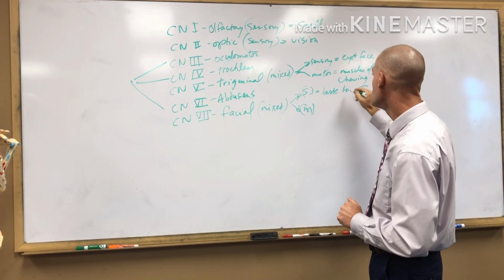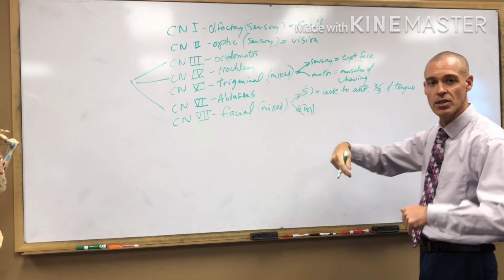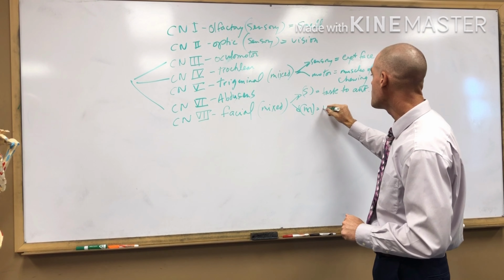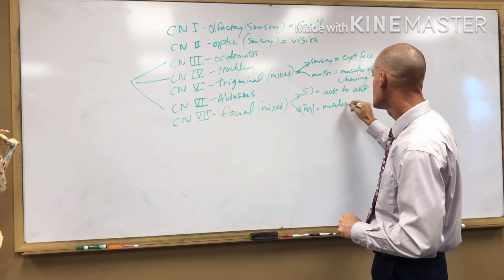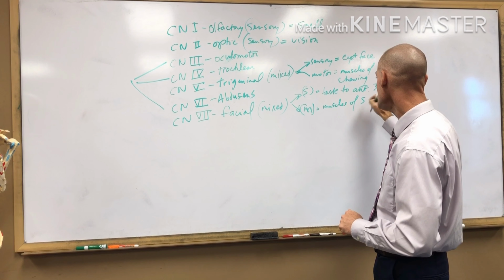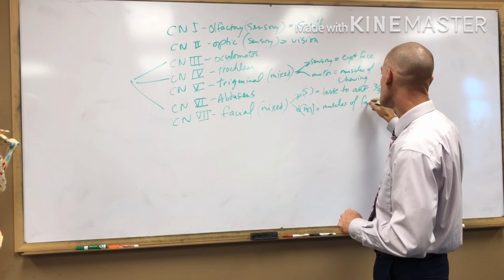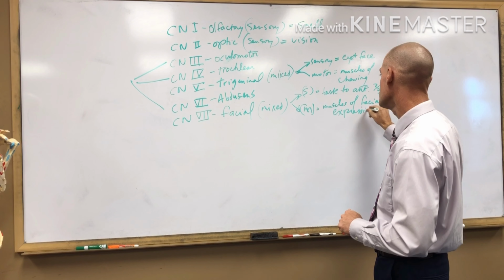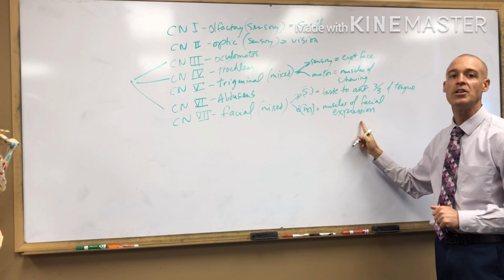Now we're getting a little long here, but that's the anterior 2/3 of the tongue. Taste is a sensory, special sense, right? Motor is going to be muscles of facial expression. So the muscles of facial expression.